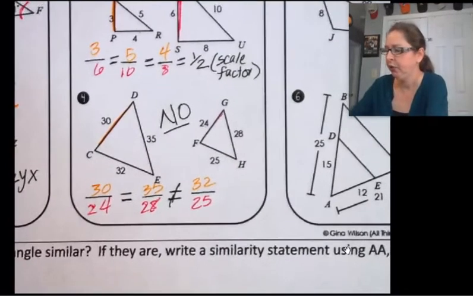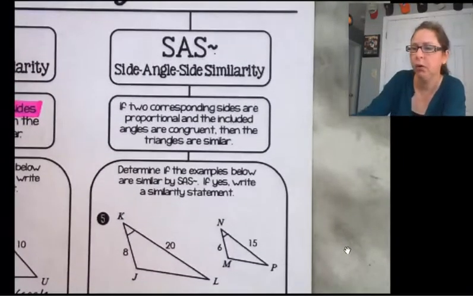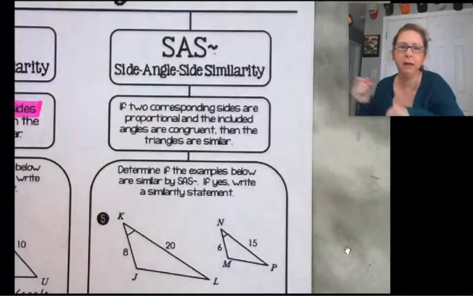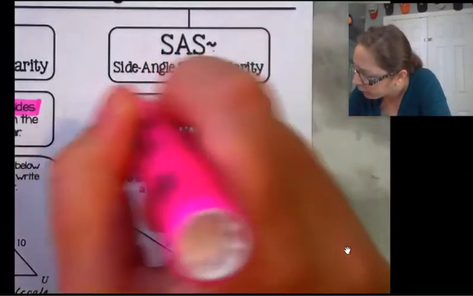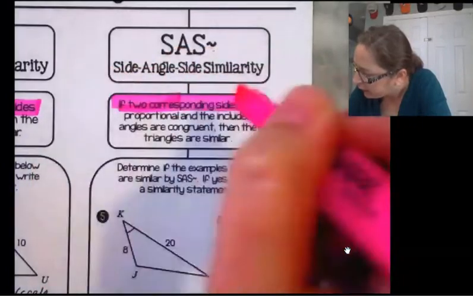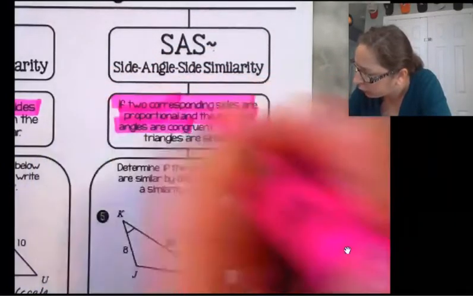All right, and then let's do our last set of similarity. If two corresponding sides are proportional and the included angles are congruent.